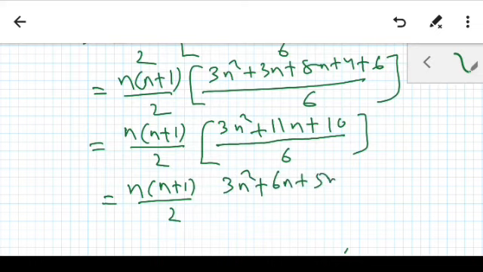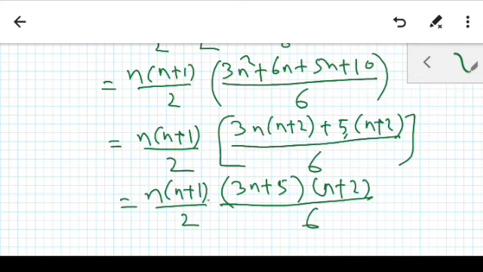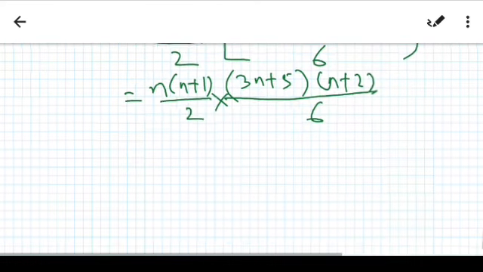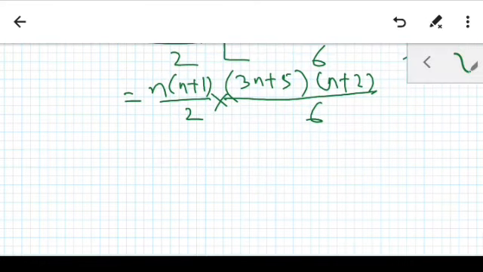Again it is 3n plus 5 whole into n plus 2 whole divided by 6. So you multiply and write it properly. Look at this. This is therefore Sn. It is equal to 1 by 12 n into n plus 1 whole into n plus 2 whole into 3n plus 5. Okay. So after finding Sn, I can solve the remaining questions.